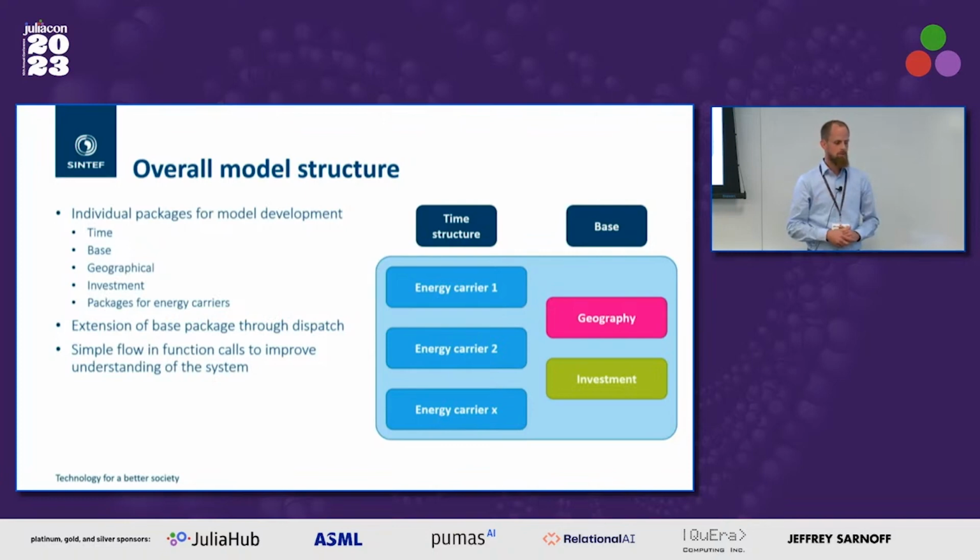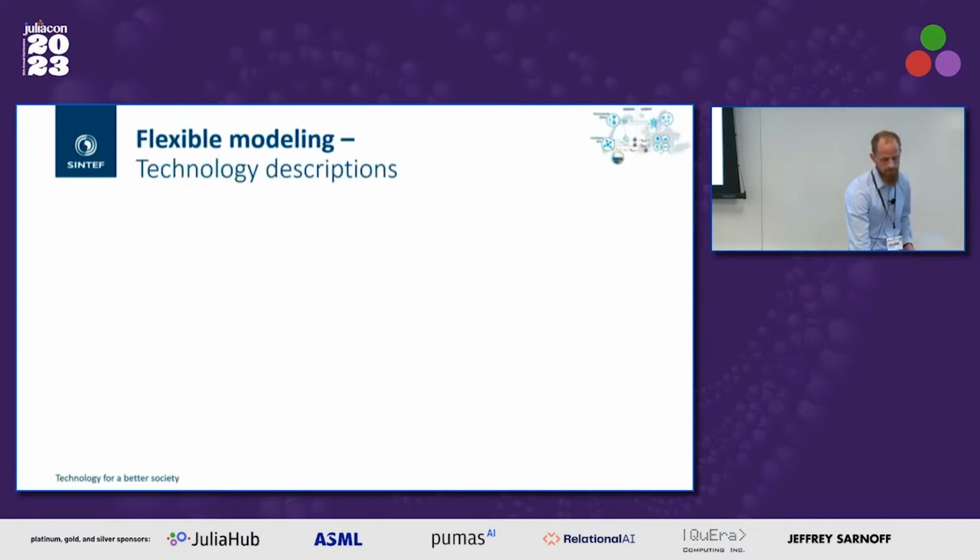Now, that is the overall modeling structure. Let's go a bit more into the technology descriptions and what we can do there. For those of you familiar with energy system modeling, you always have an energy source, energy sink, and energy node.